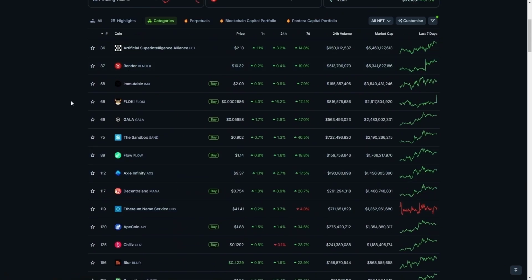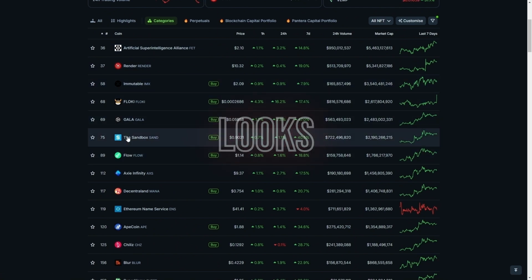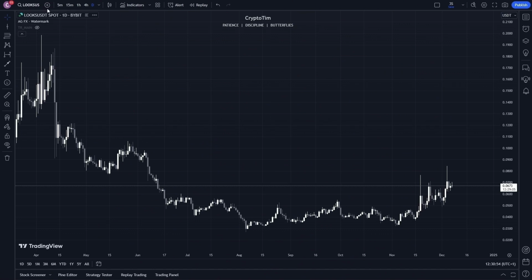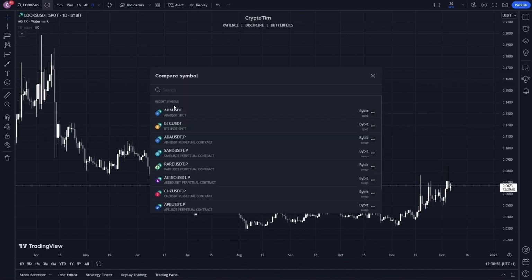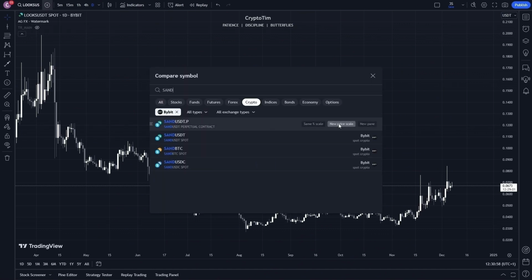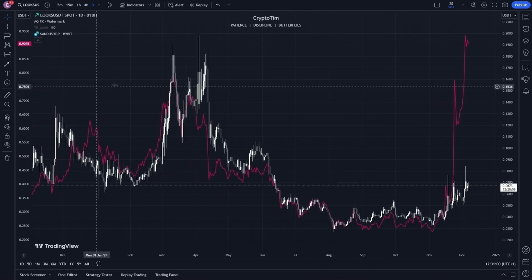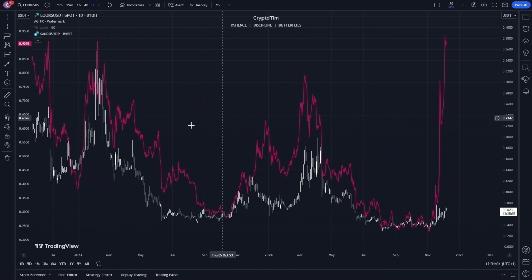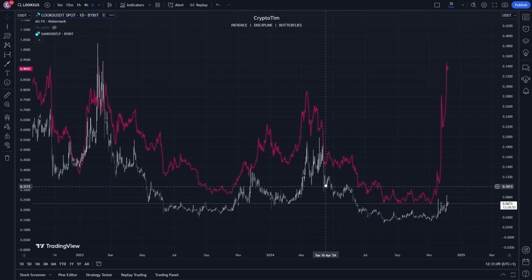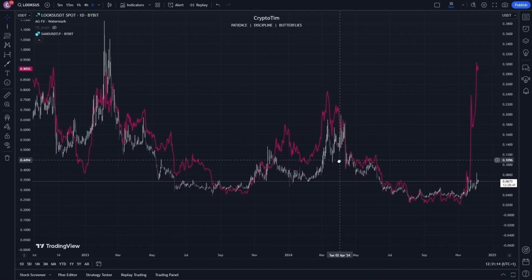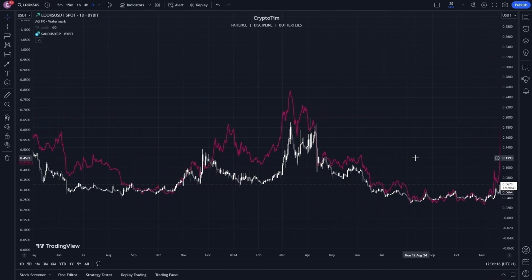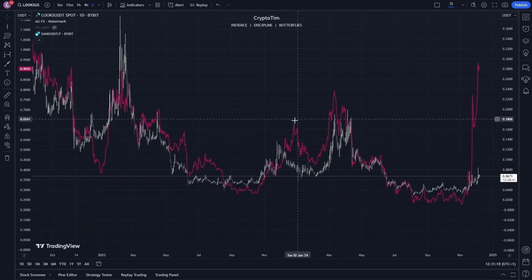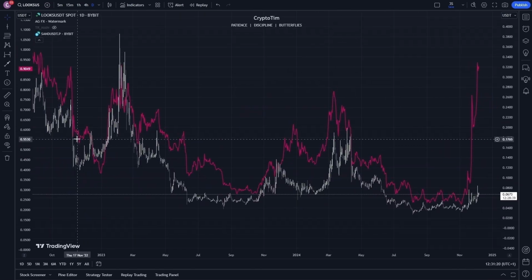Now, what's the next step that we had to do? We put all these charts on top of Lux. So now we're back on TradingView. We know from the live stream of yesterday that Cent was a pretty good comparison to Lux. So let's zoom out a little bit. It's not a perfect overlay, but you can see price action is very similar.